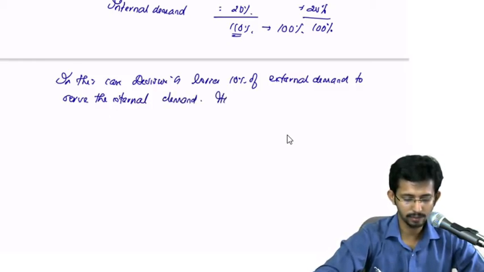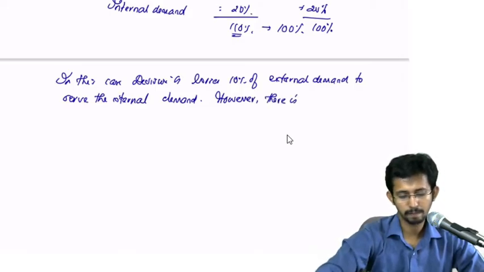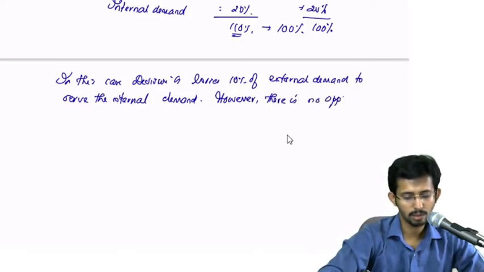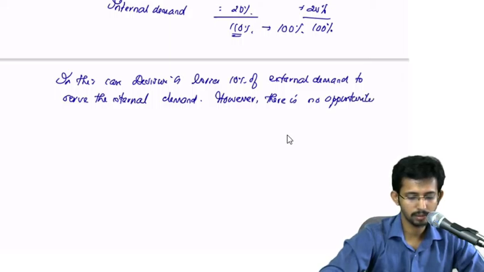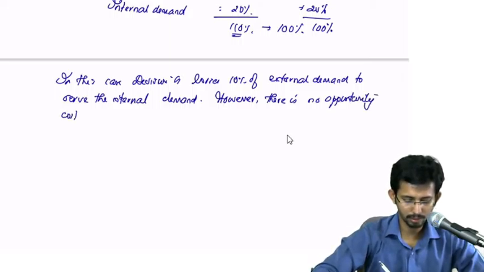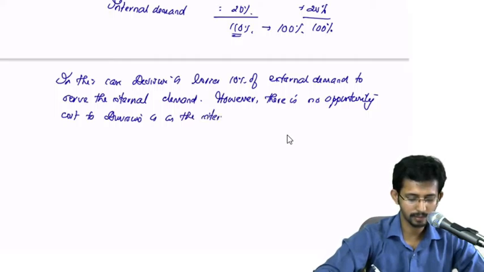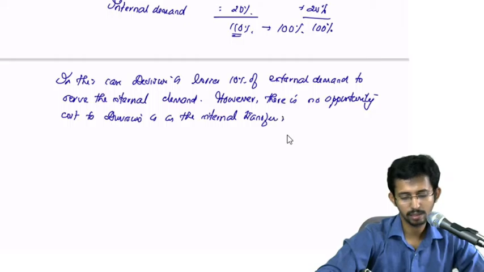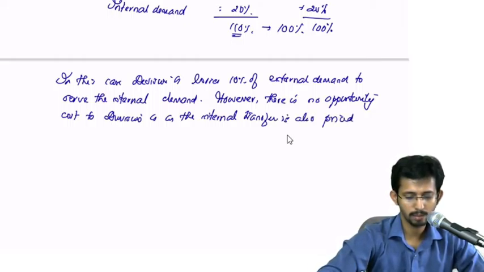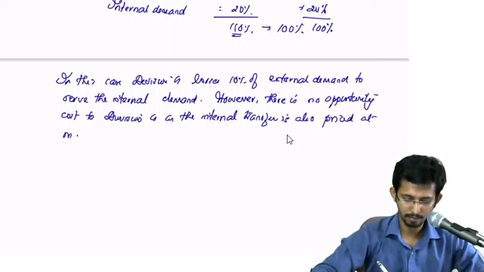Okay, however there is no opportunity cost to division G, as the internal transfer is also priced at market rate.